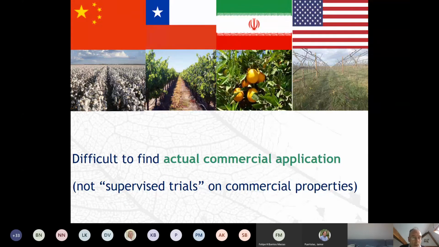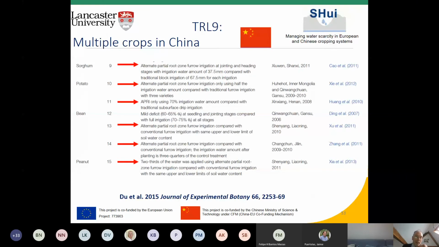I mentioned there are some exceptions. Certainly my colleagues in China inform me that there are many examples of farmers applying techniques of partial root zone drying. The technique is usually referred to as alternate partial root zone furrow irrigation, and it's this simplicity of application in furrow crops that I think has been very important in terms of the commercial uptake of the technique.